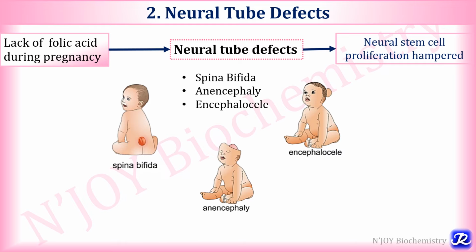In spina bifida, spine and spinal cord don't form properly. Anencephaly, here the baby is born with an underdeveloped brain and incomplete skull. Encephalocele is a condition where there is a sac-like protrusion of the brain and the membrane that covers it through an opening in the skull. So these are the three important neural tube defects associated with folic acid deficiency.